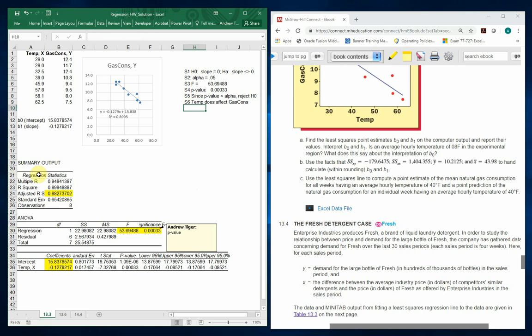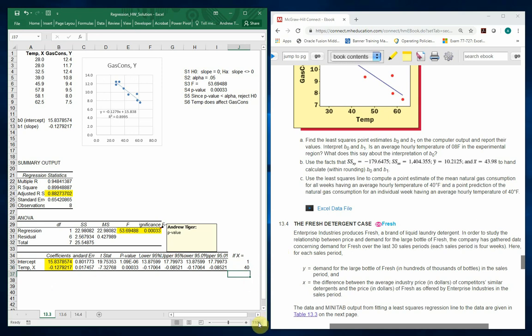Okay, so that's 3 different ways to get the least squares point estimate, and then they wanted you to predict. So they wanted to say, and I'm going to do it down here and you'll see why, if x equals, and I'm always going to put a 1 there, and then I'm going to put the 40 there.